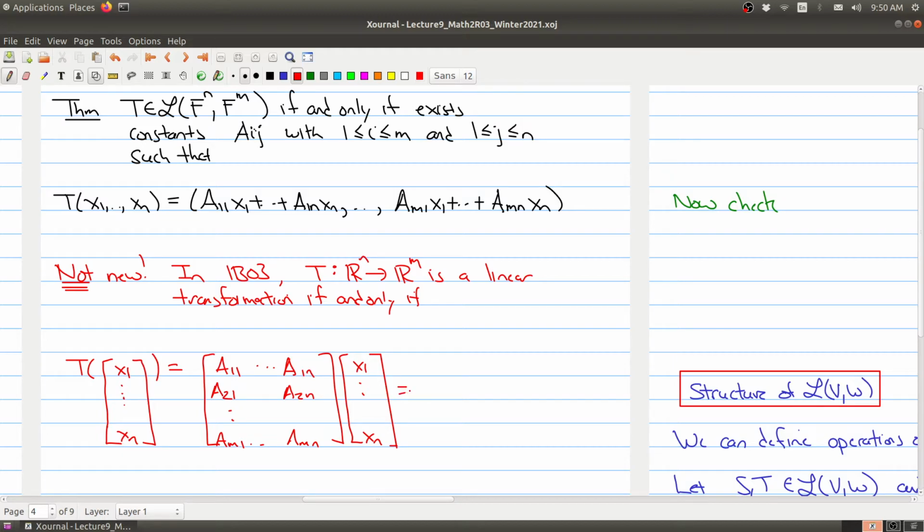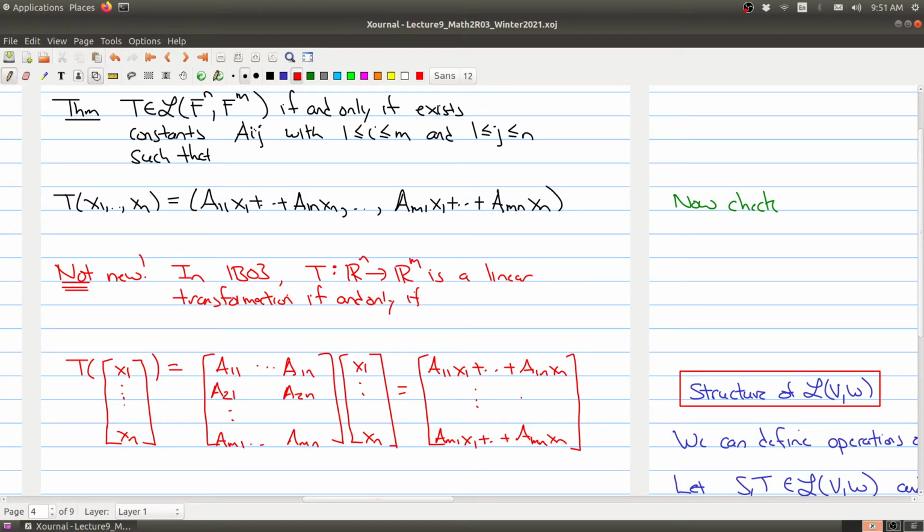But if you expand out what the right hand side is here, you're going to get A11 x1 up to A1n xn. And we go down here where we have Am1 x1 up to Amn xn.